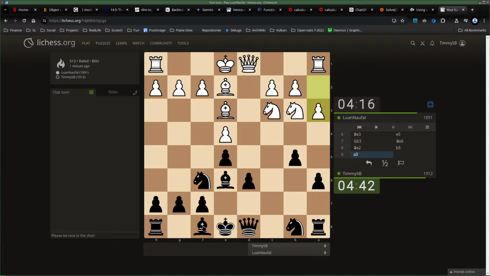Can you prevent it? Can put this here. Definitely can put this there. Just push it. Get rid of my weak pawn. I'm definitely sure that he's going to take it, and then I'll take back with the knight.